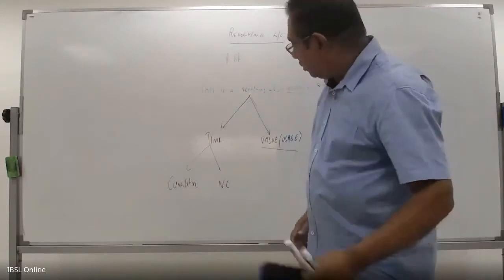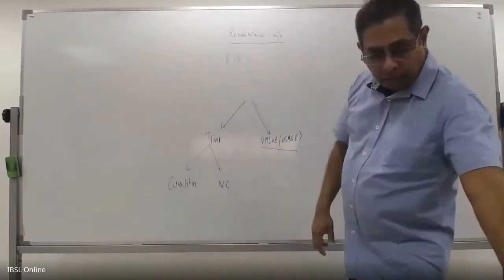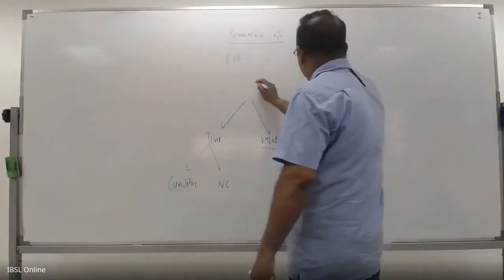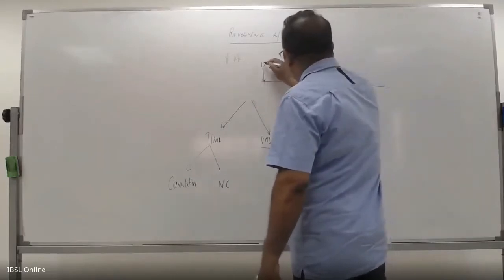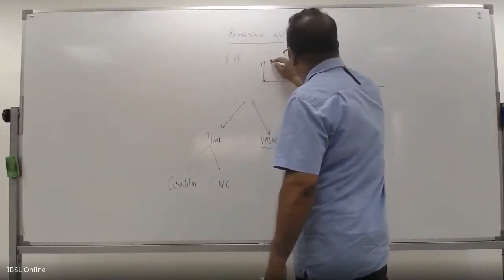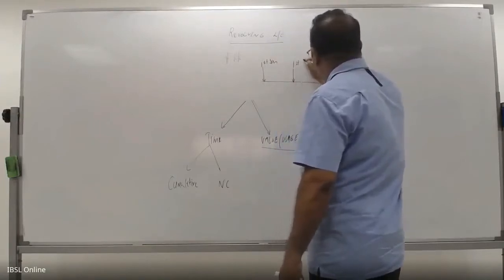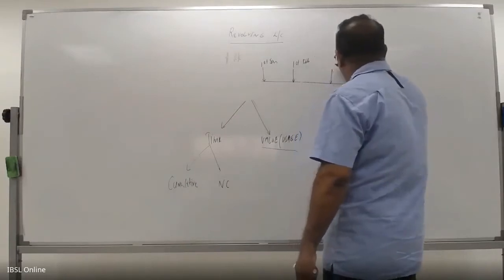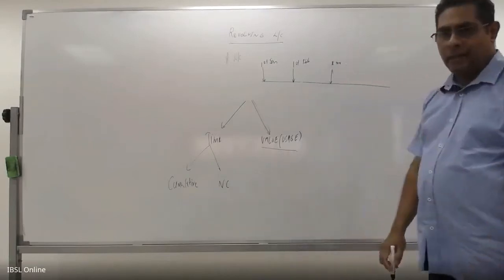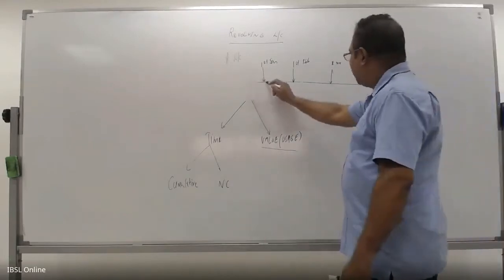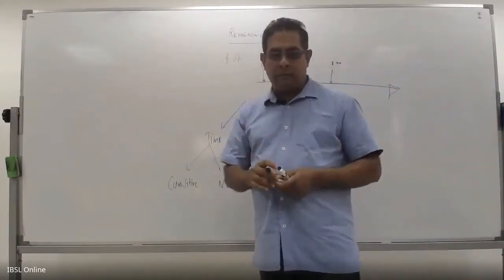To understand what is cumulative and non-cumulative, I'll take a timeline like this. 1st January, there's a shipment, 1st February, there's a shipment, and 1st March, there's a shipment. Now this is a revolving LC and it revolves by time.